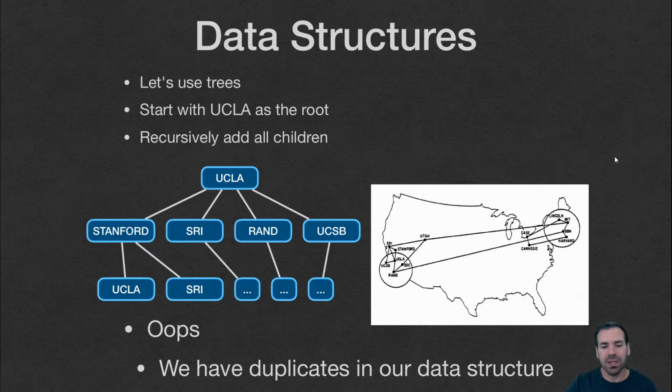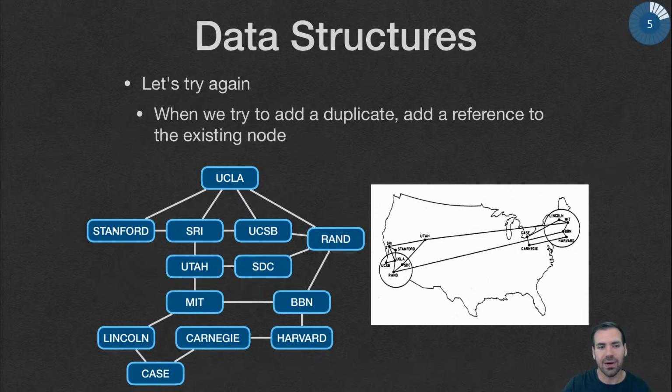So let's try something a little bit different. Let's just not duplicate any nodes. We're going to look through the whole tree and say, if there's any node that's duplicated, when Stanford has UCLA and SRI, UCLA, they're already connected, so let's not worry about that one. SRI already has a node that exists, so let's have the child node refer to that node that already exists instead of creating a brand new node for SRI.